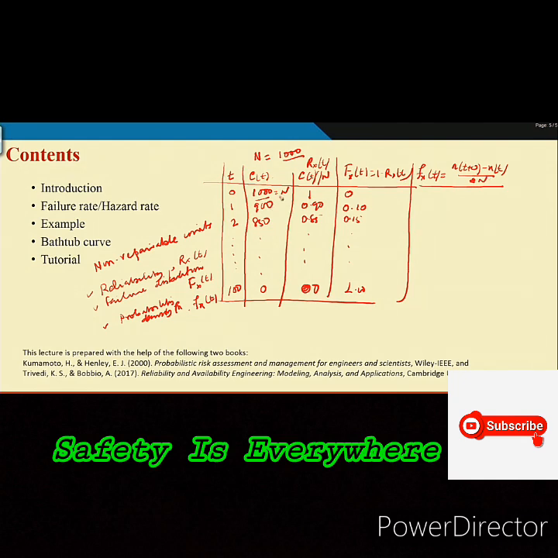If I consider these two, then 100 units failed out of 1000 units, and in that manner you have computed f(t). When you go to the second time interval, you consider the difference between those two, then the third time interval, like this. f(t) also we have computed.